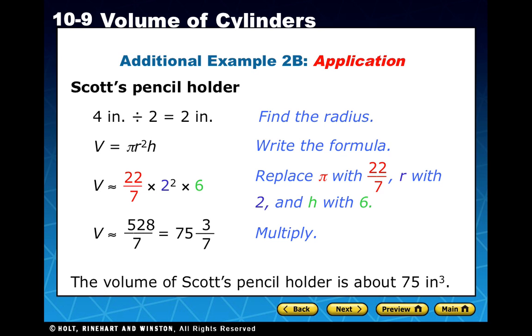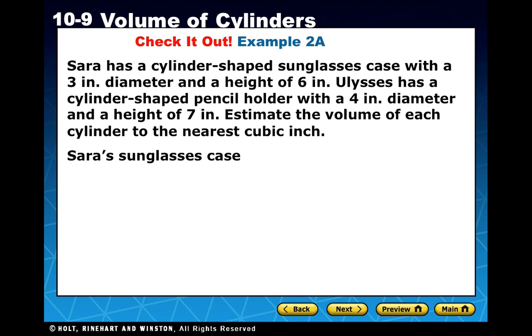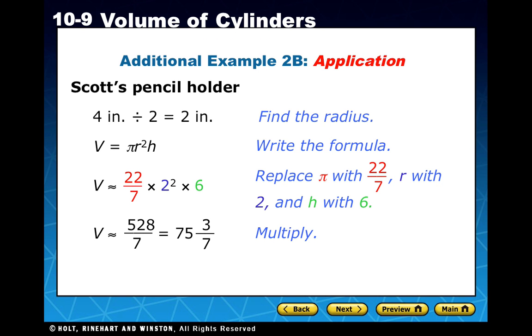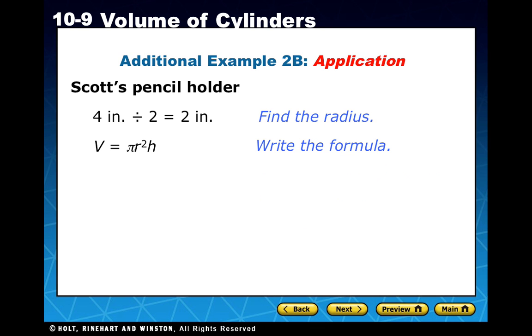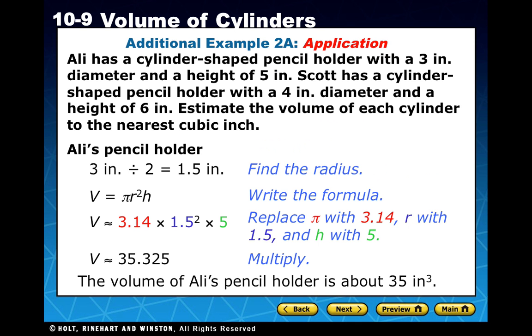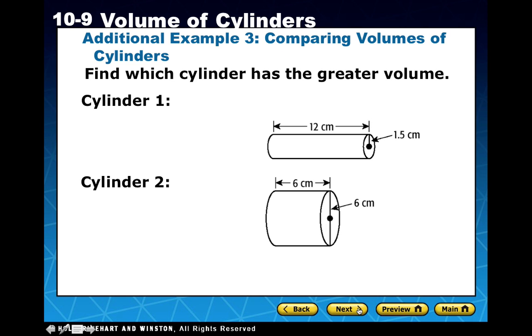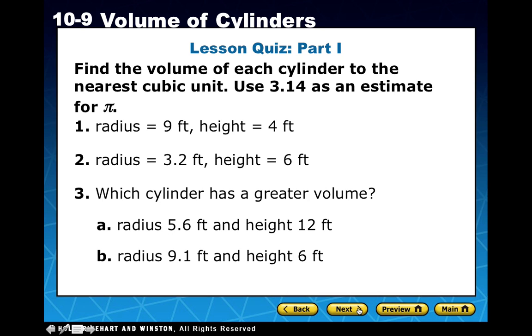Okay, so Scott's is about 75 inches cubed, and we'll look back at Allie's was only 35. So Scott's definitely is larger. Alright, so we're going to skip this example. And we'll skip this one as well and go on to the lesson quiz.